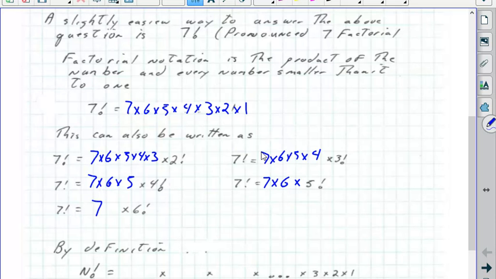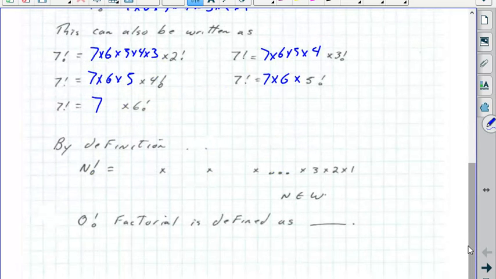Here is the definition. By the definition that we're using, n factorial is whatever the number n is, times 1 less than the number, times 2 less than the number, and so on, until eventually we hit 3 times 2 times 1.